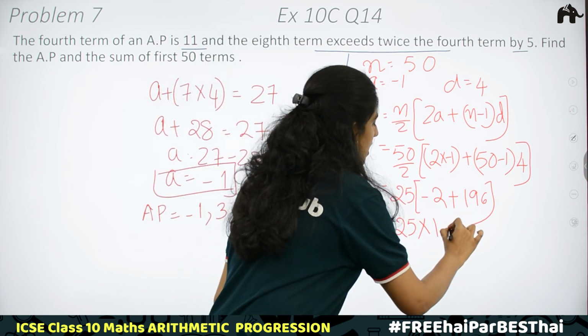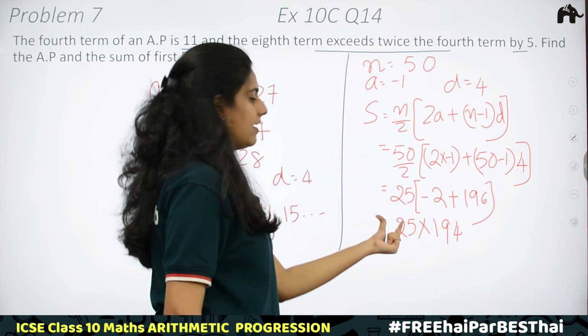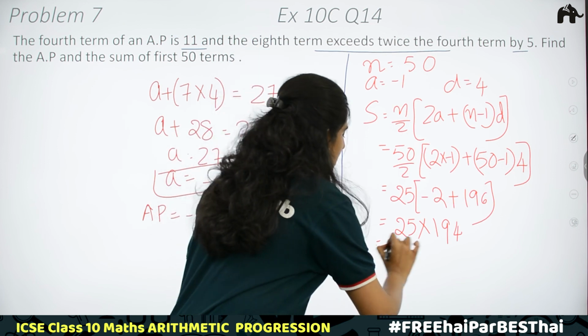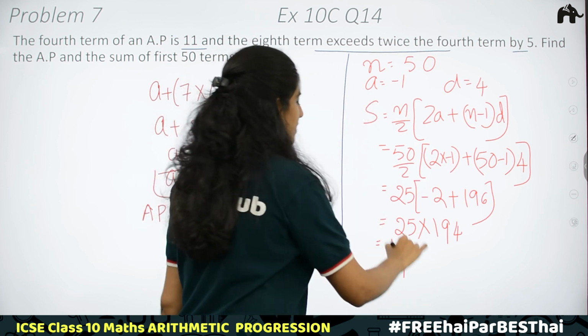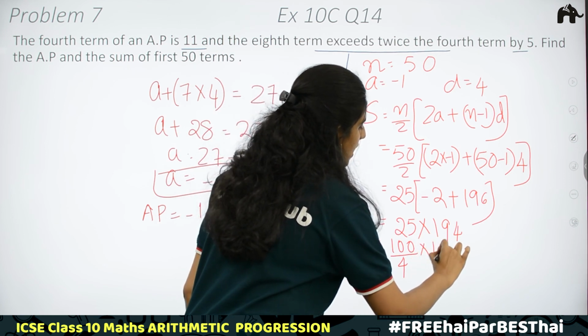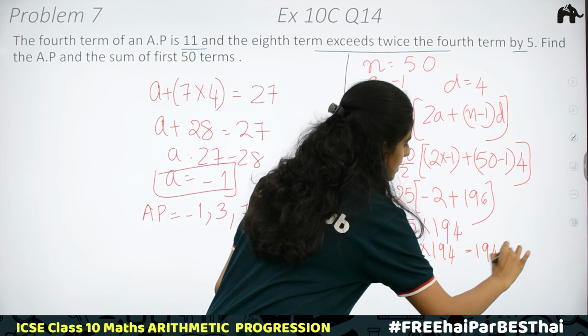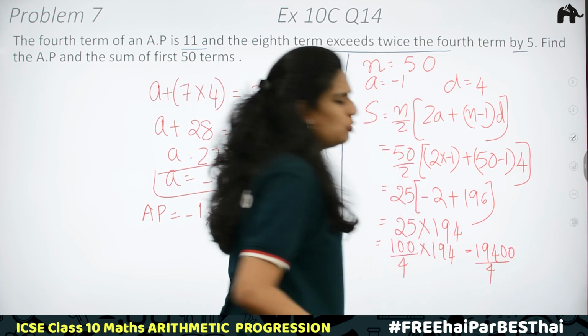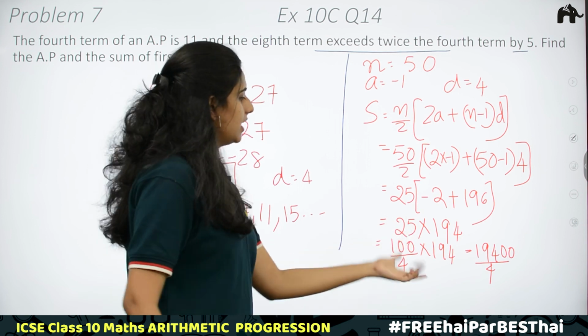We get 194. 194 into 25. 25 can be written as 100 divided by 4. Yes, 100 divided by 4 into 194, or 19,400 divided by 4. To make the calculation easy, we are putting this 25 as 100 divided by 4.